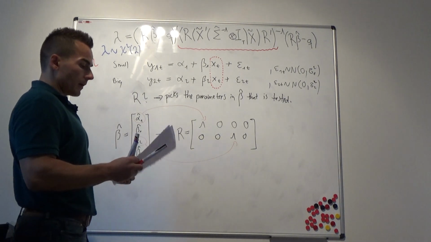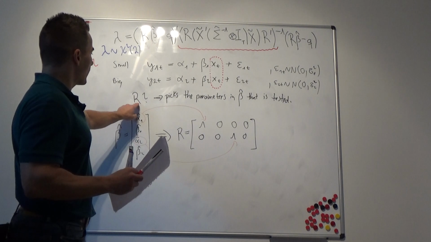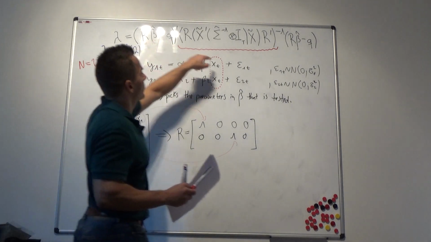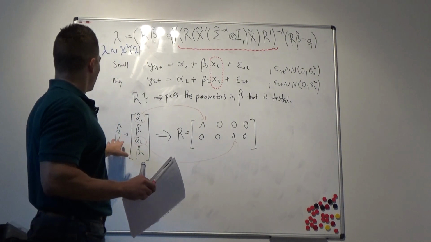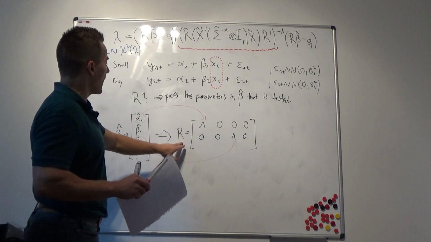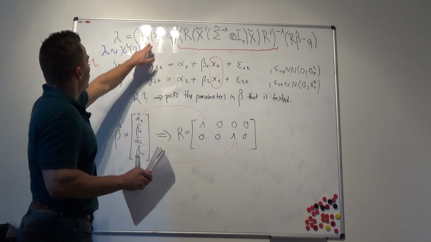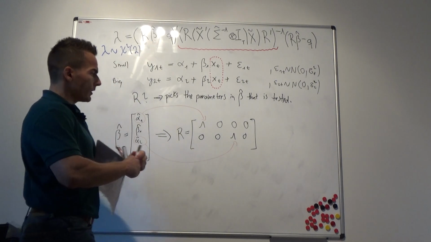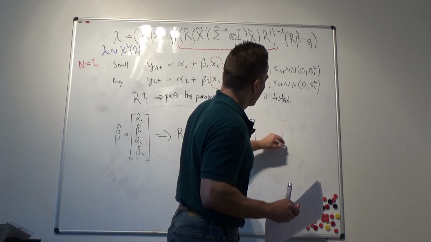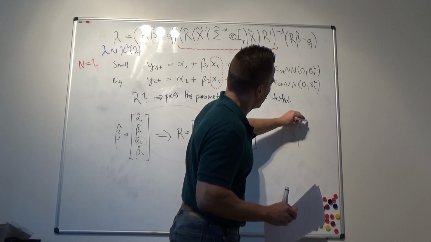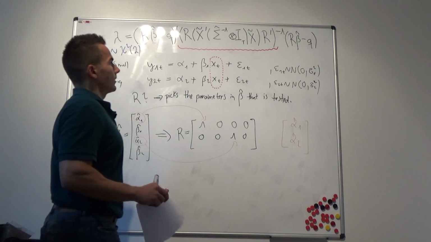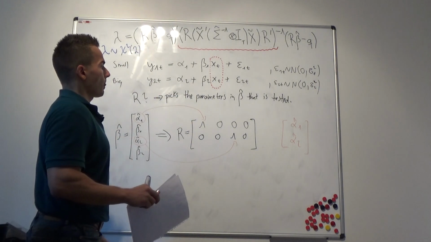And if we consider now, let us define, so this is our capital R. So obviously if we multiply R with beta hat, what it gives us is our alpha 1 and our alpha 2 in a 2 by 1 vector.